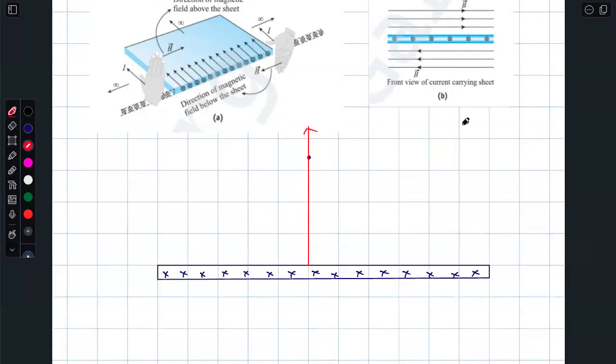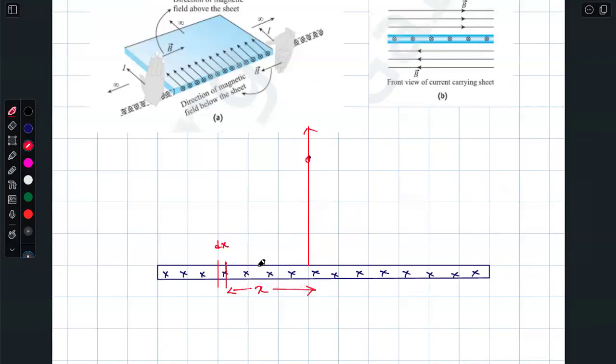Now, my point of observation is this. I am assuming this is some y-axis, this is some x-axis. Now you take an element here. This element is dx, at a distance x.